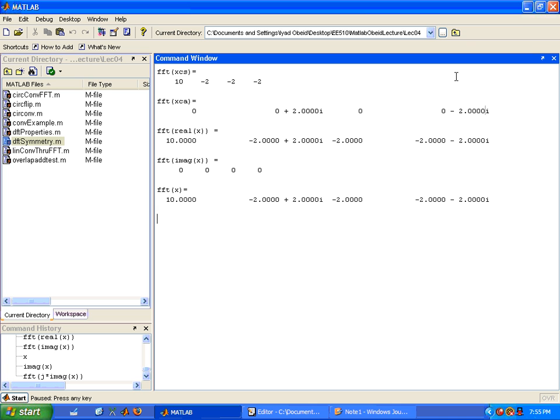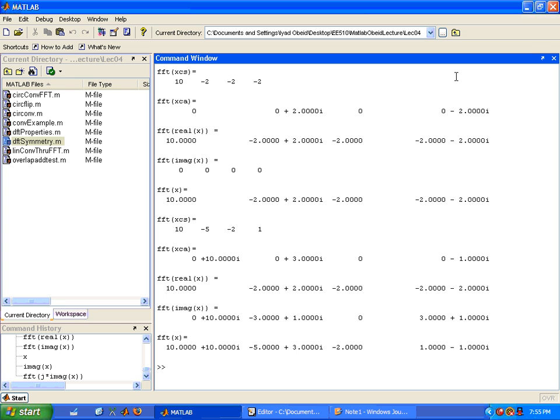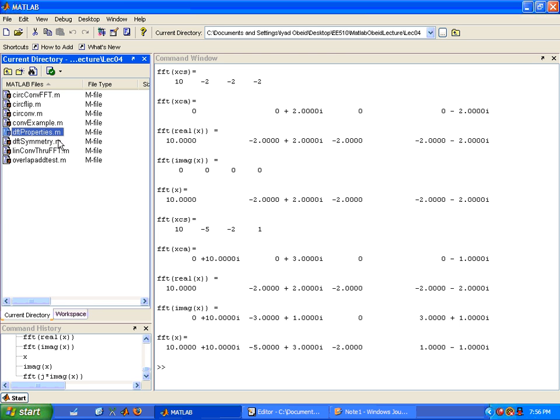That's because I'm dealing with a purely real function. And now if I hit return again, it's going to repeat the same thing, but now operating off a complex sequence instead of a purely real sequence. And now we see the properties that we talked about before: real, imaginary, conjugate symmetric, conjugate antisymmetric. Something for you to play with, to convince yourself that I wasn't just doing too much hand waving. Questions? No? Maybe?